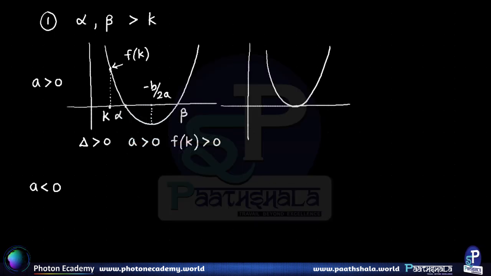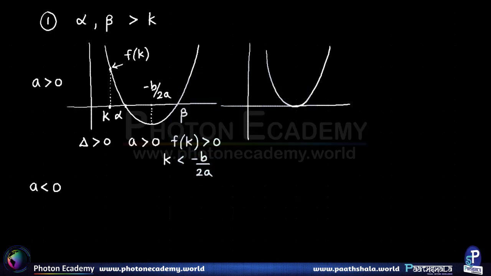So to avoid that, we must put the restriction on k, that k has to be less than minus b upon 2a.